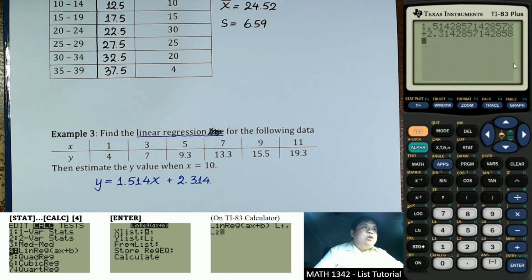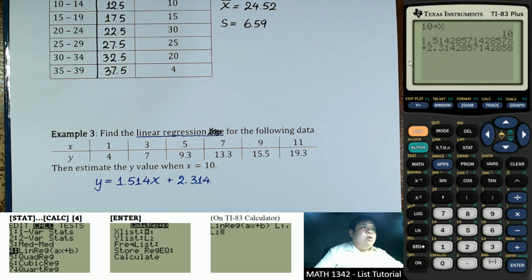Now all we need to do is, if x is equal to 10, we hit 10 store into x. Once again, 10, store key, x, and then go to variable, statistic, equation, regression equation.